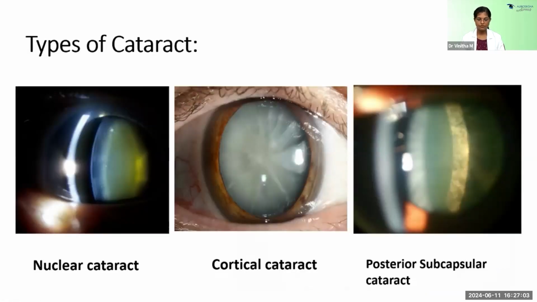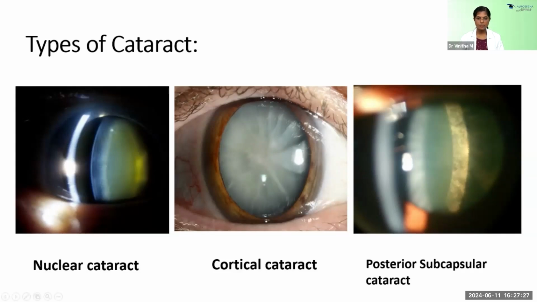Coming to the types of cataract. As you all have seen in the previous lecture, there is an outer capsule and cortex and the inner nucleus. If the cataract occurs in the nucleus, it is known as nuclear cataract. If it occurs in the cortex, it is known as cortical cataract.